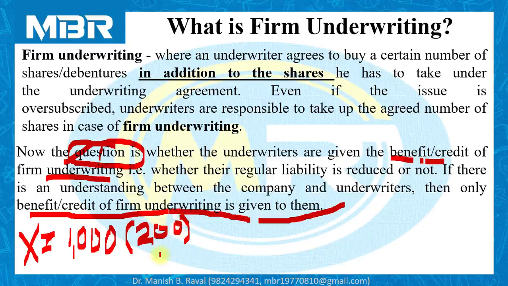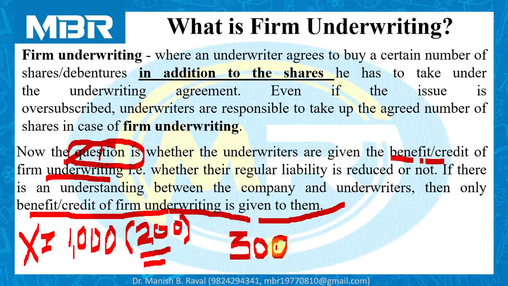Now, same as the public, underwriter X is also responsible to apply for these 200 equity shares because X would like to purchase these 200 shares, that is a confirm. Now, marked applications for underwriter X is received by the company for 300 shares.